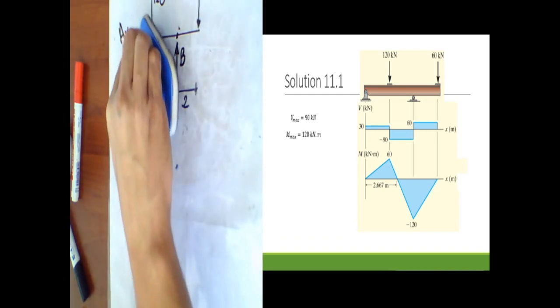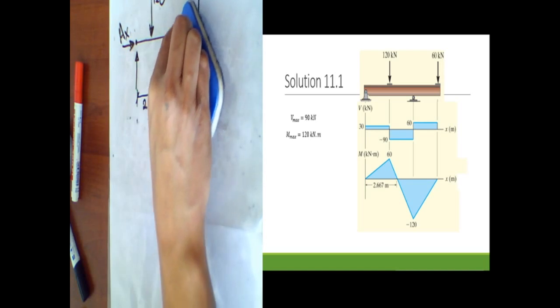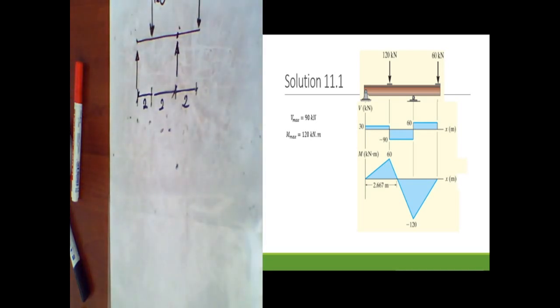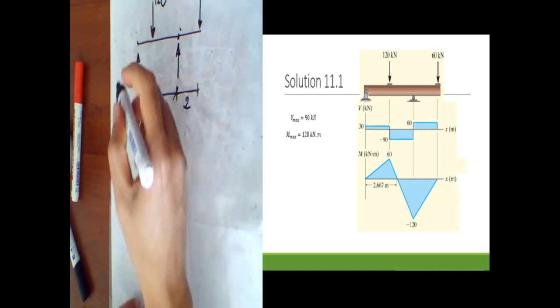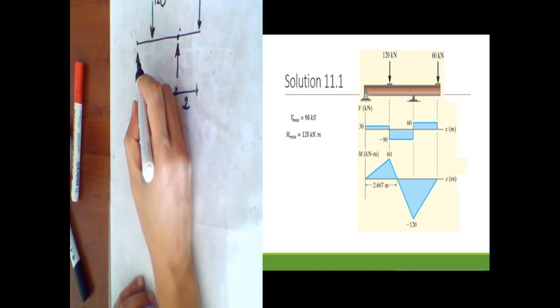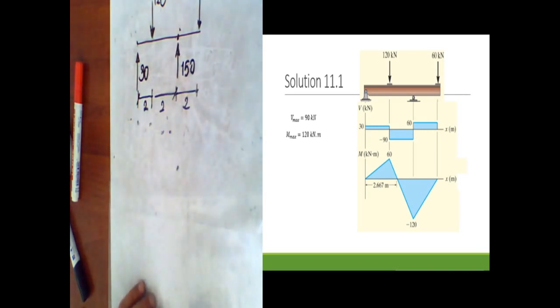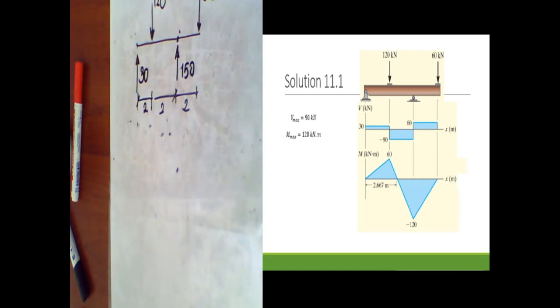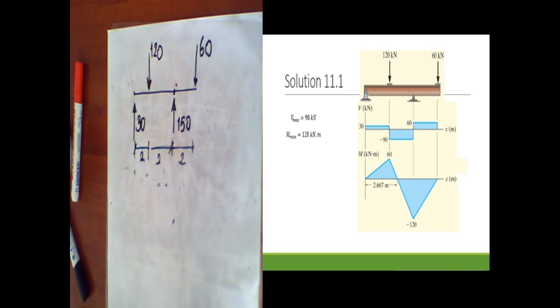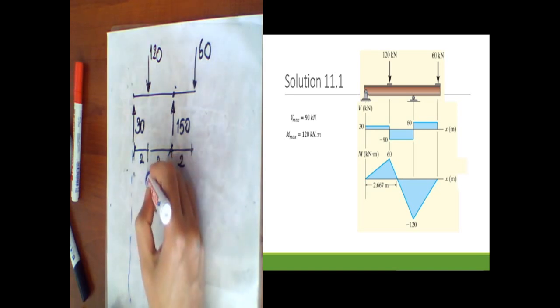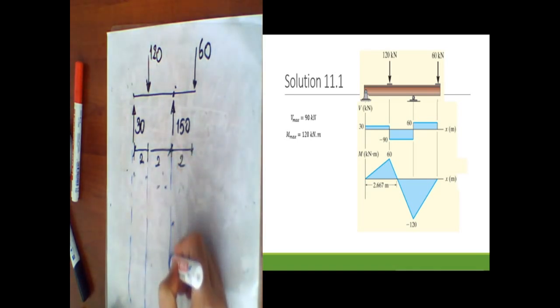AX is equal to 0, so I don't write it. I write AY is 30 and put 150 for B. Now we will start the shortcut for our moment diagram, and I want to put some lines to help me draw the diagrams clearly.